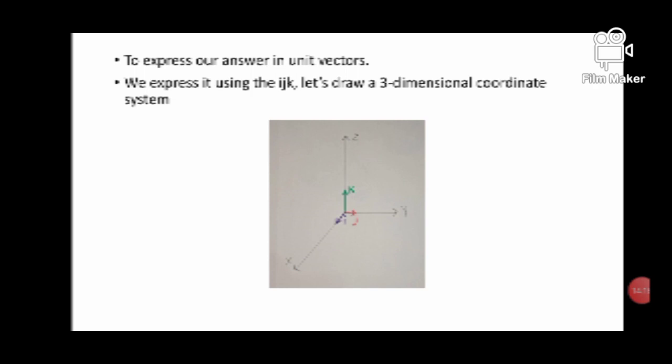So we need to know that i is associated with the x component, j is associated with the y component, and k is associated with the z component.